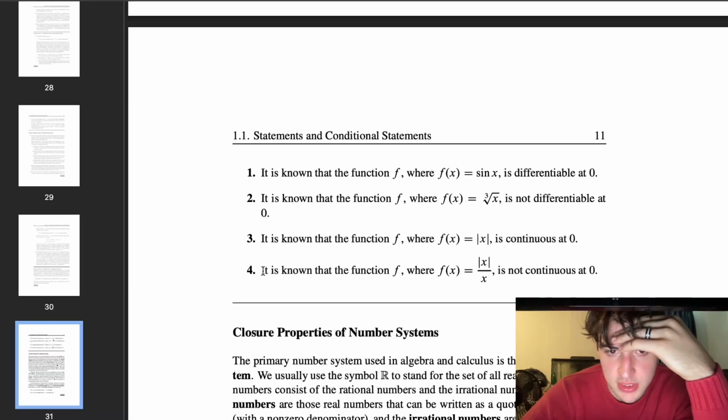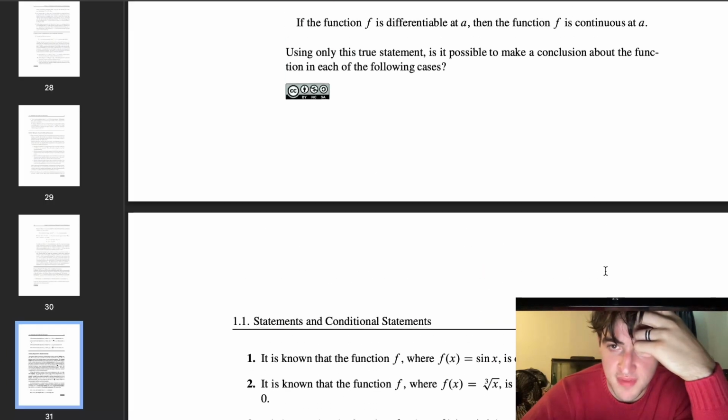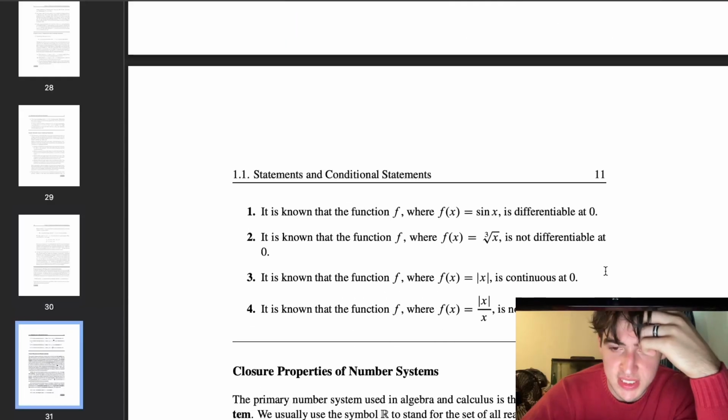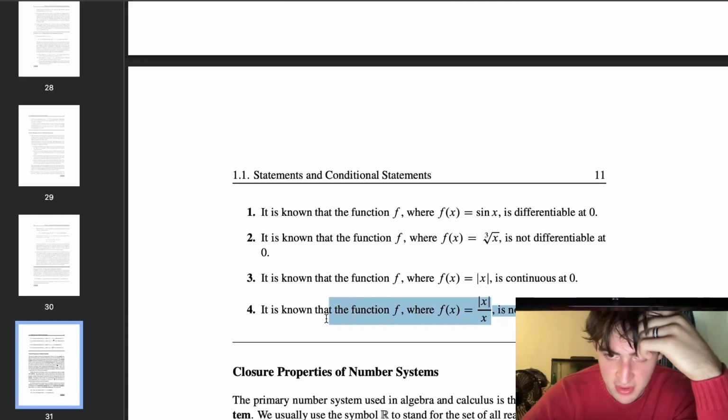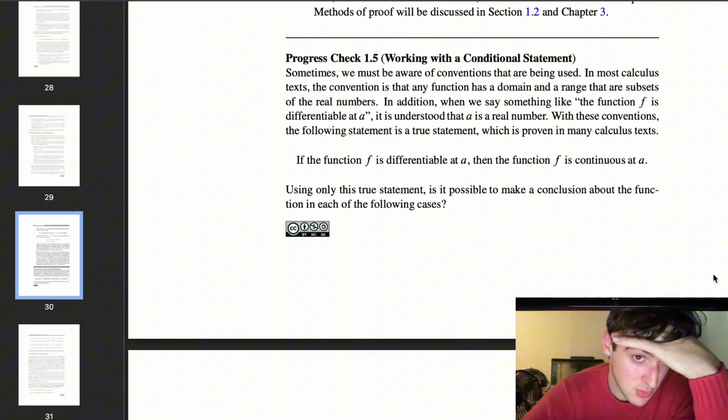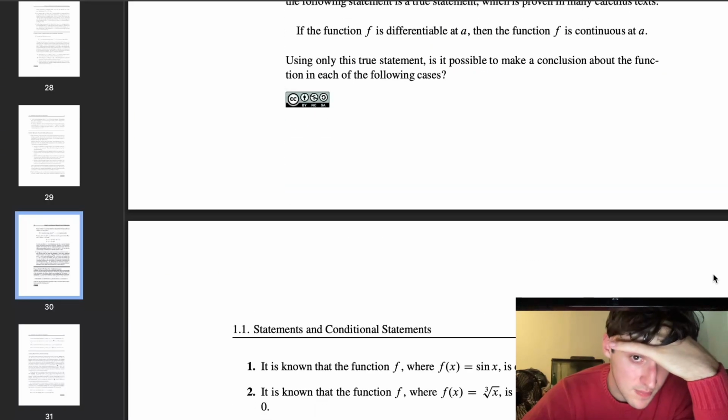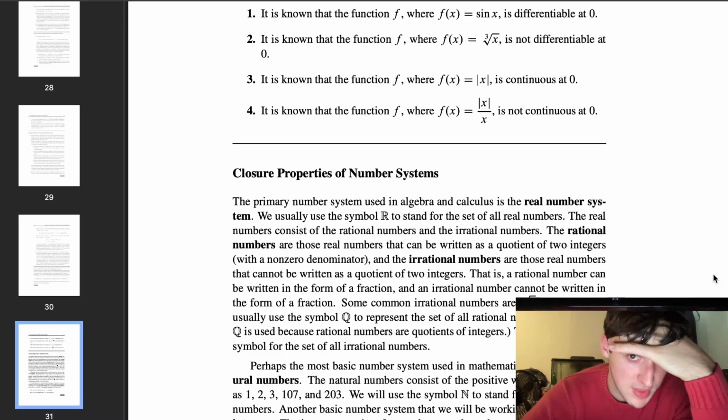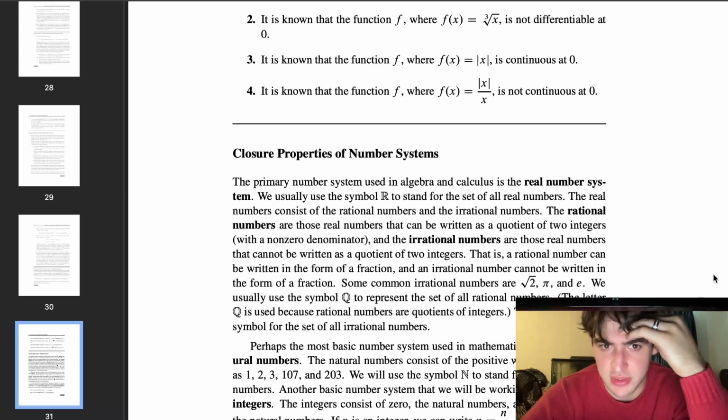But we can't determine whether the function is differentiable at 0. I don't know if I'm solving this problem right, but that's my interpretation of the question.